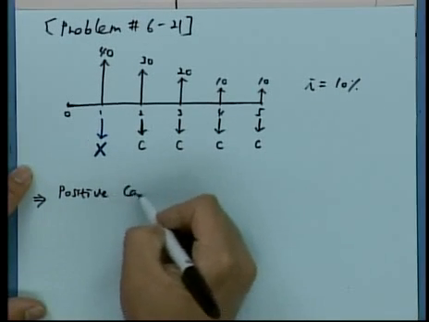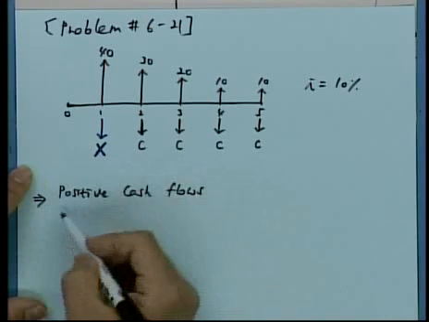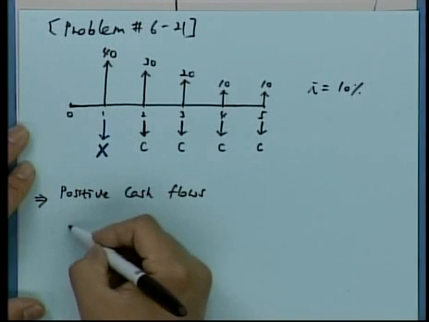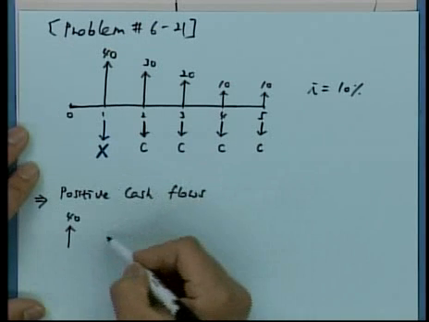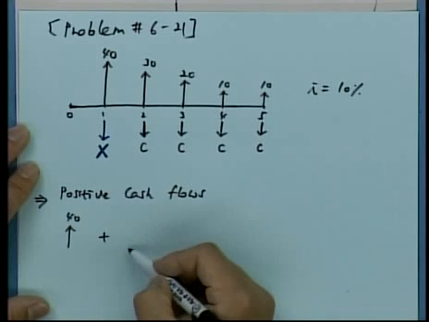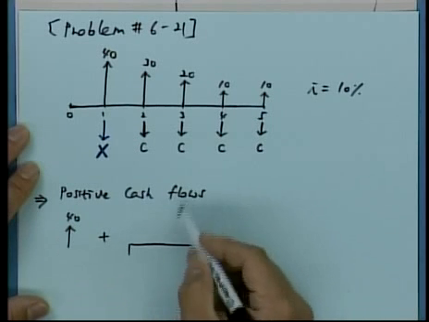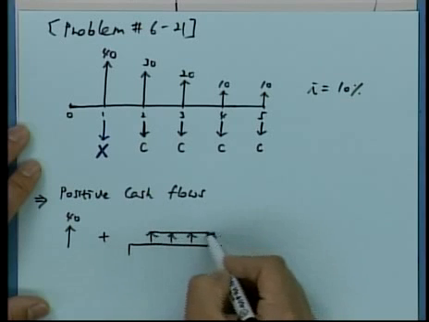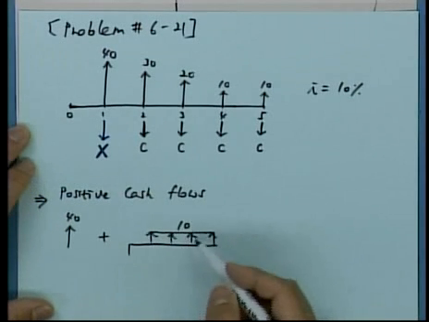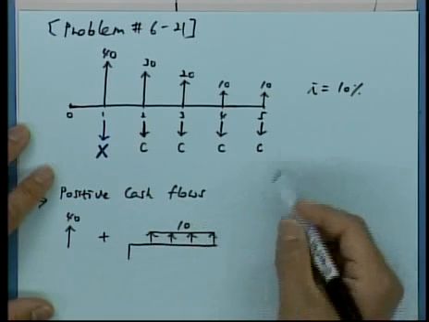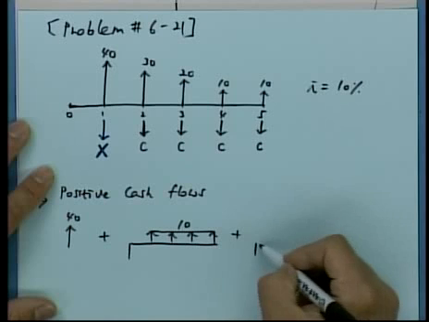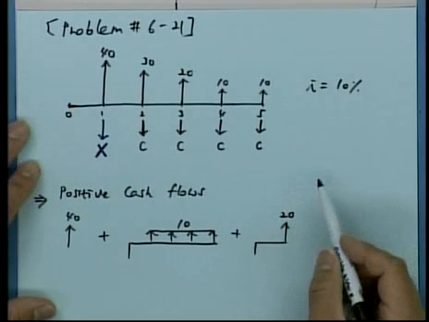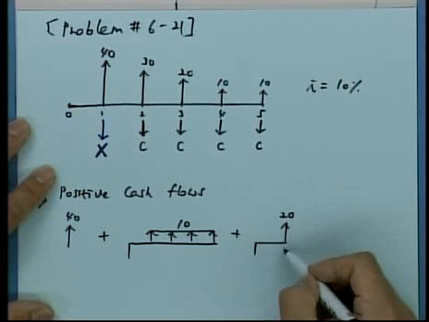Positive cash flows can be broken down to 40 plus uniform series of 10 for the next 4 periods plus $20 over 1 period.